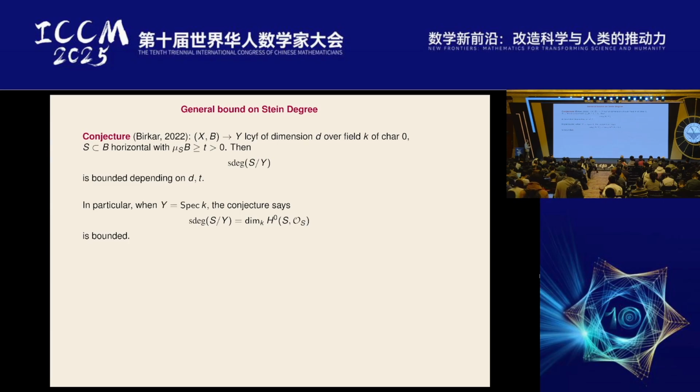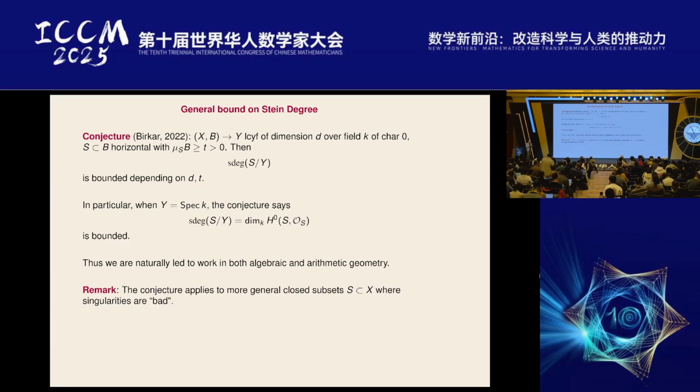So in dimension 1, it's not difficult to see why this should be the case, let's say over number fields. But already getting to dimension 2 is quite non-trivial. And in higher dimension it will be much, much more non-trivial. So this conjecture connects algebraic geometry to arithmetic geometry.